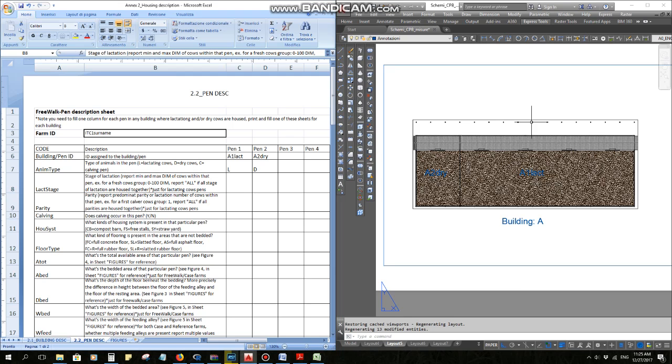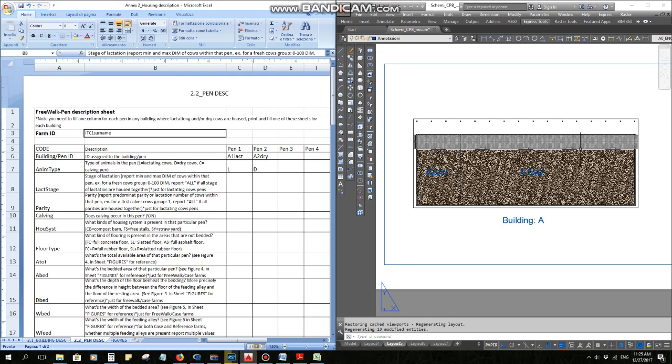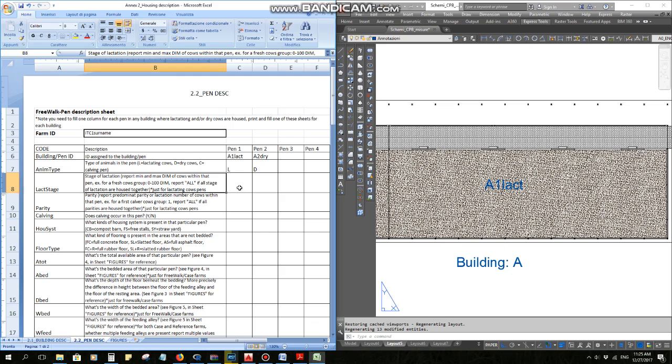So in this case, all of the lactating cows are housed in the same pen. So here you will have all, which stands for all lactating stages housed together, and the parity as well. So there are no distinctions for parity.